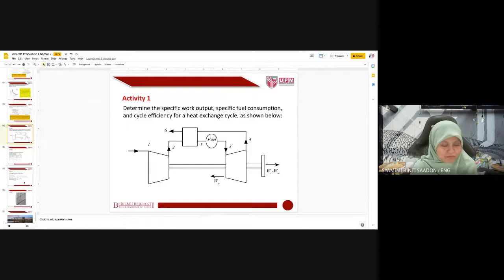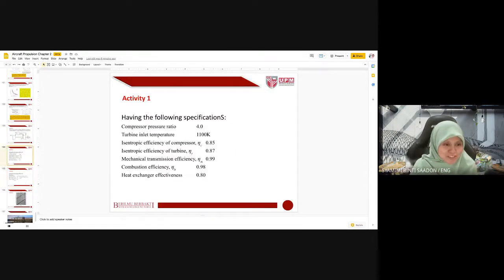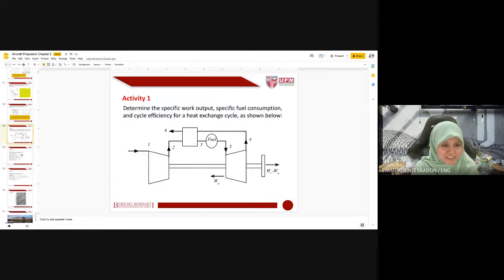So first, how are we going to start? Look at the slides for the possible expressions to use first for specific work output. Basically, specific work output is the net work output of the turbine minus the work used in the compressor.